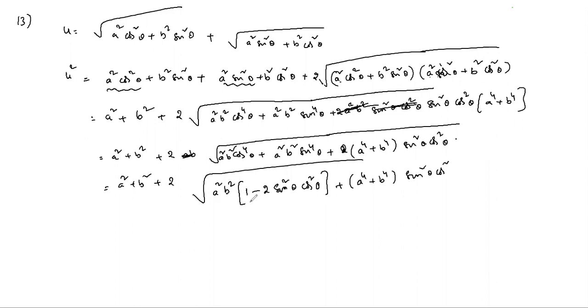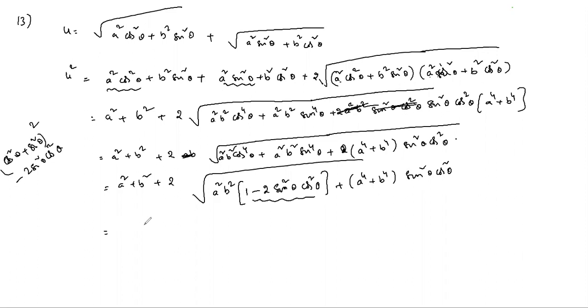Understand this one? How we have written cos power 4 plus sin power 4? A plus b, yes sir. In the beginning for sin power 6, so first problem we did the same. Cos square theta plus sin square theta whole square minus 2ab. So 1 minus 2 sin square theta cos square theta.